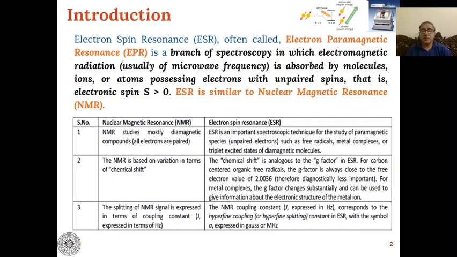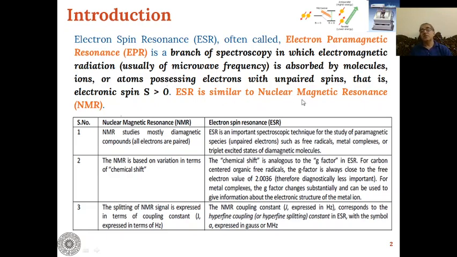ESR spectroscopy, also known as electron paramagnetic resonance, is a branch of spectroscopy in which electromagnetic radiation is absorbed by molecules, ions, or atoms possessing electrons with unpaired spin, which means that the electronic spin should be more than 0.